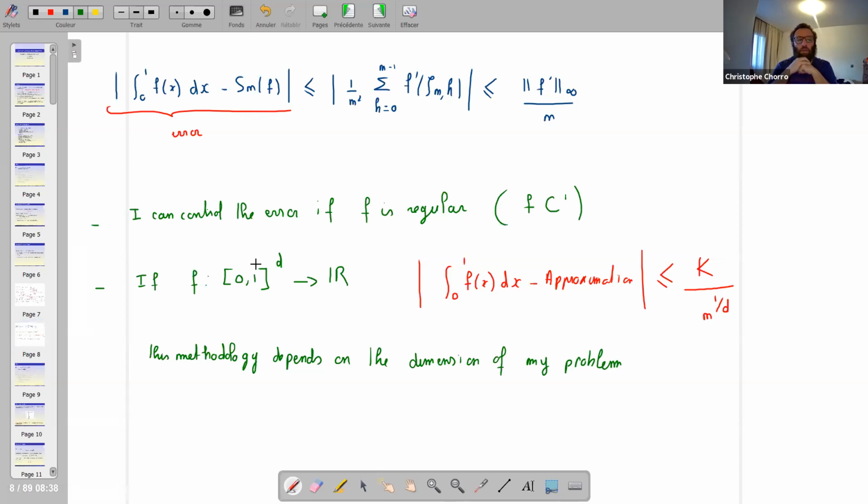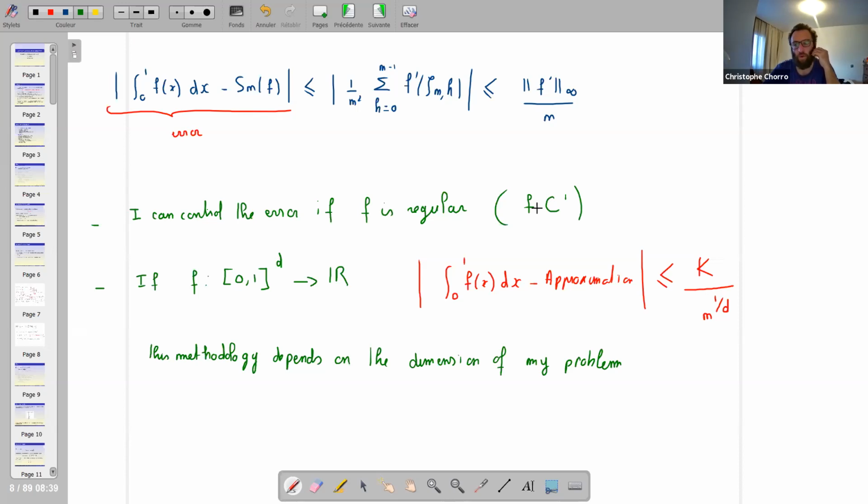methods. With Monte Carlo methods, we are going to look for a stochastic algorithm, that is a probabilistic way to approximate this integral, using sequences of random variables, where it will be possible for me to control the error even if f is not that regular, because typically in the problems we are going to be interested in, that is to price options in basic financial models, we won't have this regularity.